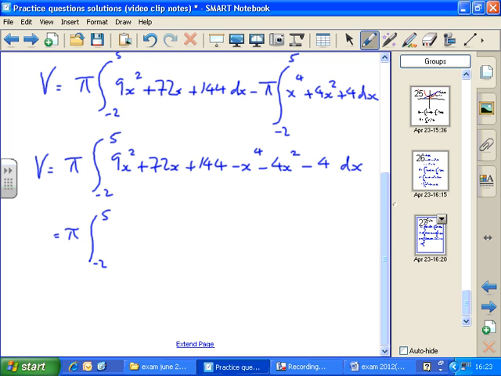So we have 9x squared minus 4x squared is 5x squared. 72x, that's the only term involving x, so that's plus 72x. What about the numbers? We've got 144 minus 4 is 140. And then we've got the minus x to the 4 term with respect to x. So now we perform the integral and put in the limits. See if you can finish that question off now and check that you agree with the answer on the sheet.